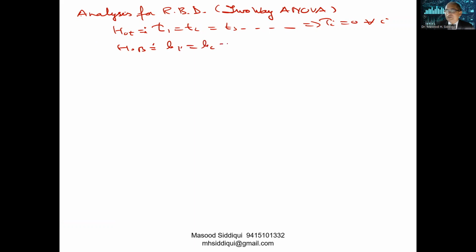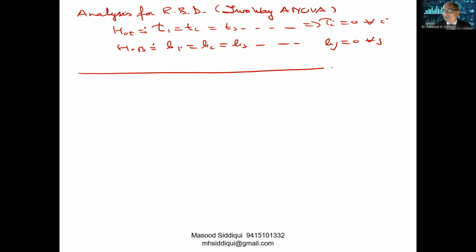B1 equals B2 equals B3 and so on, meaning all the Bj's are 0 for all j. So these are the two hypotheses that we use. Now we will be constructing the two-way ANOVA table.